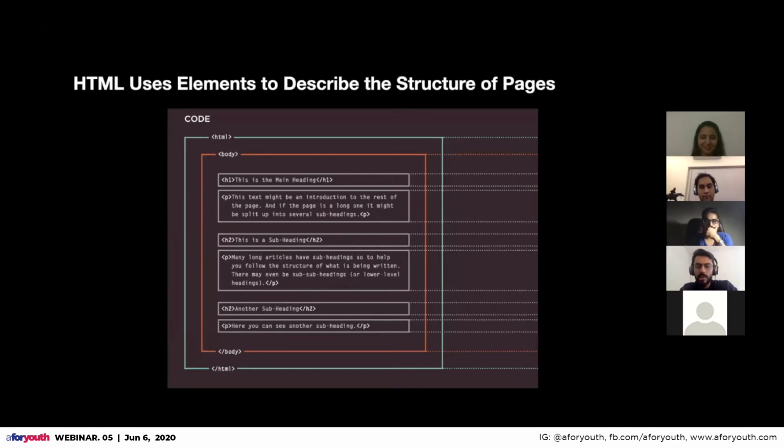There cannot be a tag without a closing tag, because that will be like an open tag, and unless it's closed, even if one tag is not closed, it's going to mess up the design of the whole structure. So every tag has to have a closing tag as well.